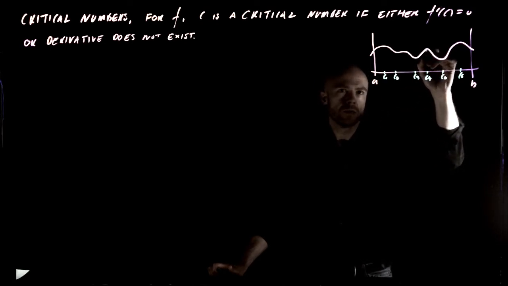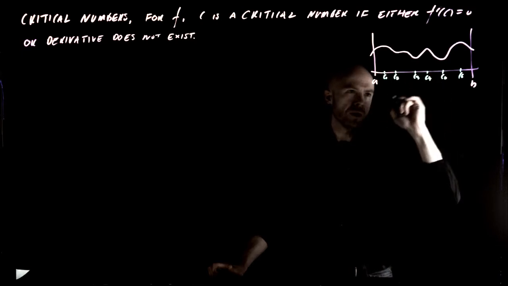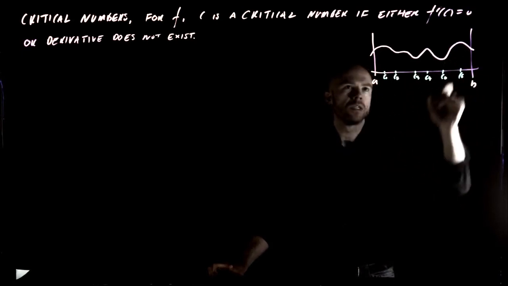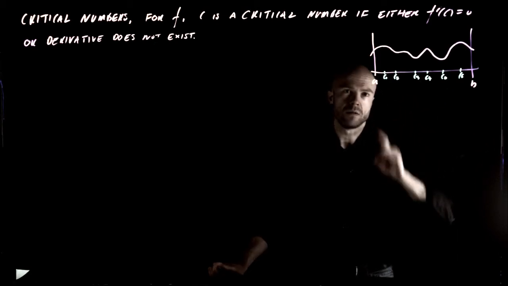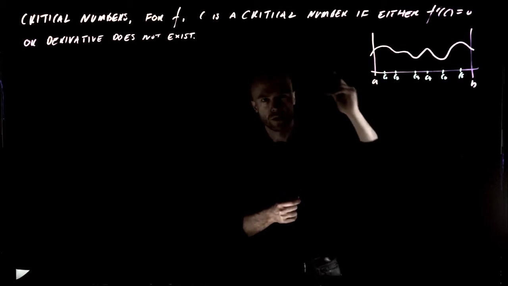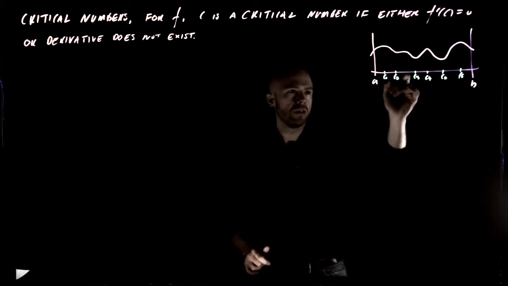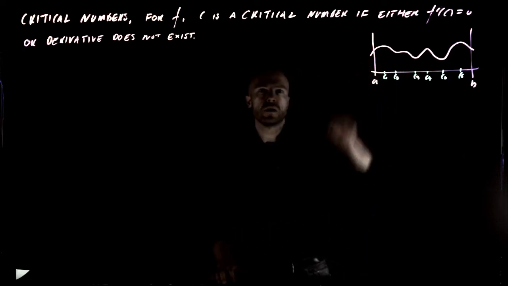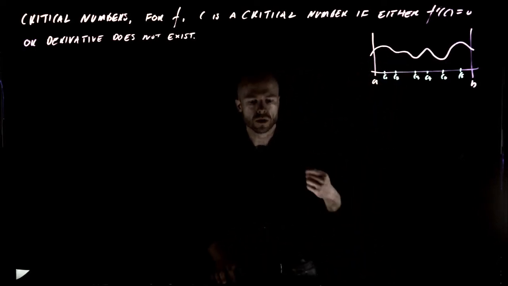This local maxima, where we have a peak, also lives above a critical number. This local minima is again above a critical number, and so is this one. But note, it is not the case that above every critical number there is either a local max or a local min. Because as we see here in C2, we have a critical number which is not a local maxima or a local minima.